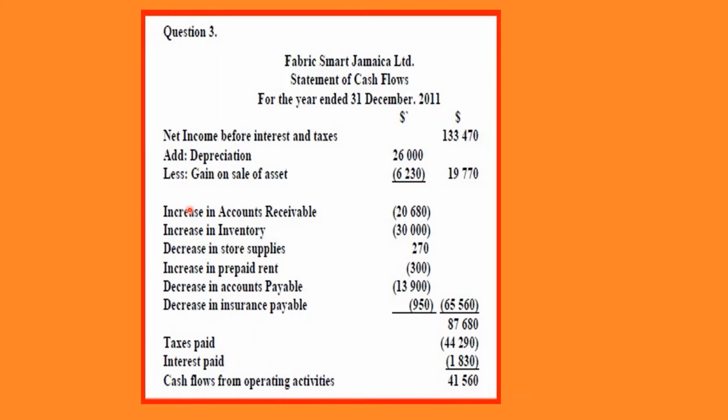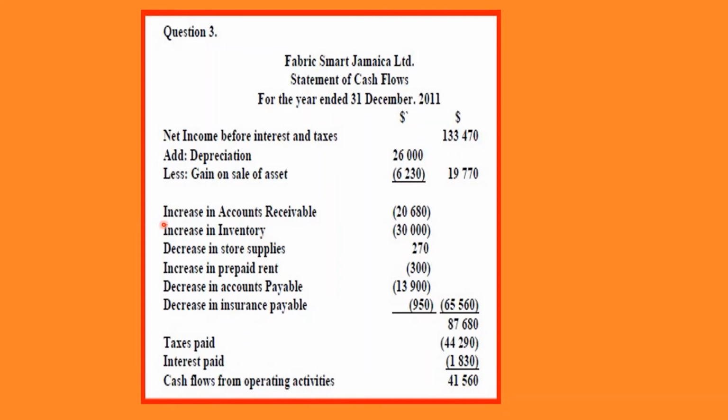Increase in accounts receivable, all the items that we just calculated, and increase in accounts receivable represents an outflow of cash. This section is the working capital, the changes in the working capital where cash is involved. Increase in inventory means we would have paid money out to get the increase in inventory.